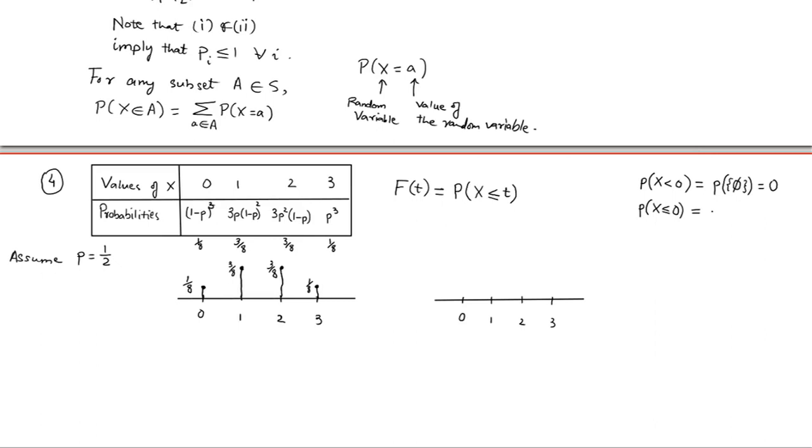Sir, there is only one, so it will be 1/8. Does it contain only one element or many elements? Sir, only one element. Isn't it equal to probability of x less than 0 plus probability of x equal to 0?